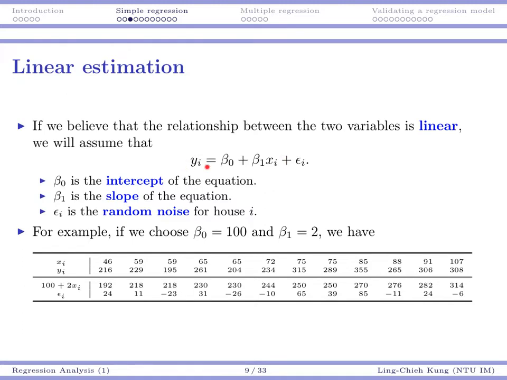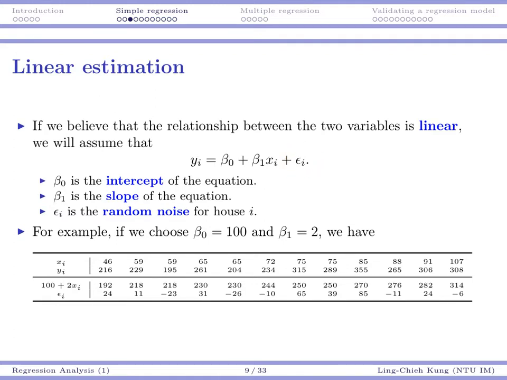Okay, this is simply saying that given x, plug that into a linear function to estimate and predict y. And of course, in reality, it's impossible for xi and yi to really lie on a straight line. So for many observations, there are some deviations.